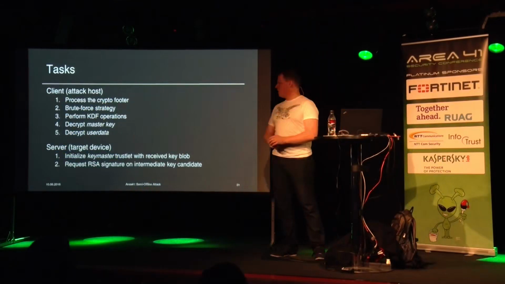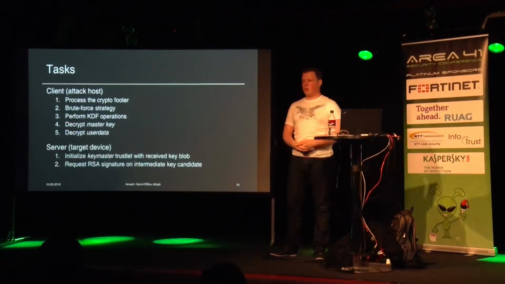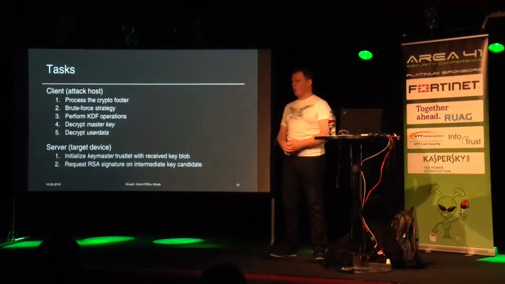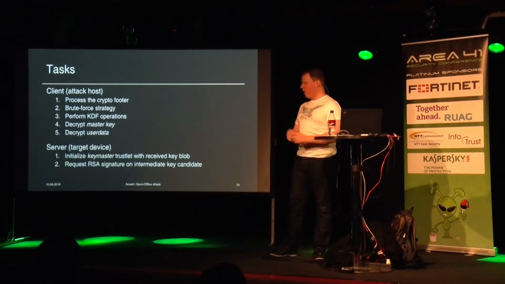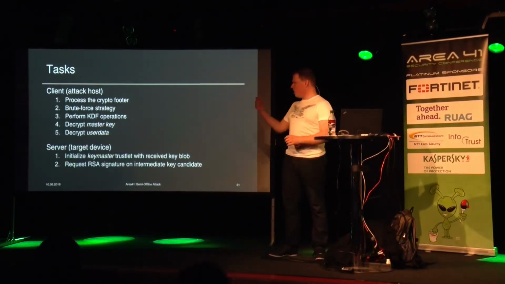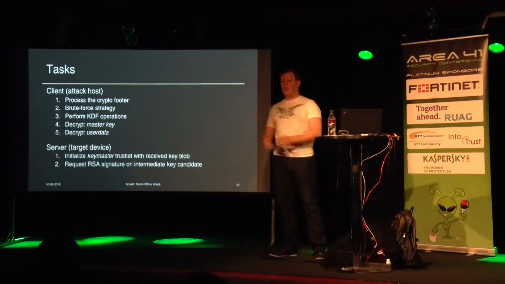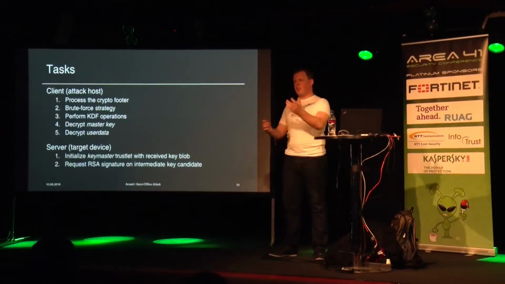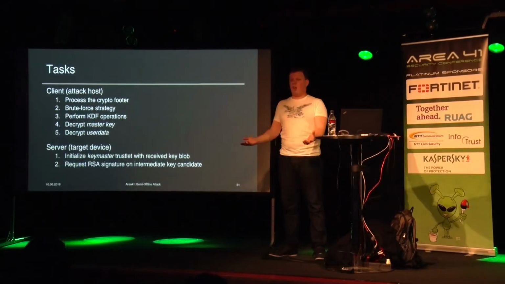In the client, you see, it's basically all that you also have to do on the offline attack, or what I had to do on the online attack. All these kind of steps. Process the crypto footer, run the strategy, perform the KDFs, decrypt the master key, decrypt the header file, and check if we are actually successful.